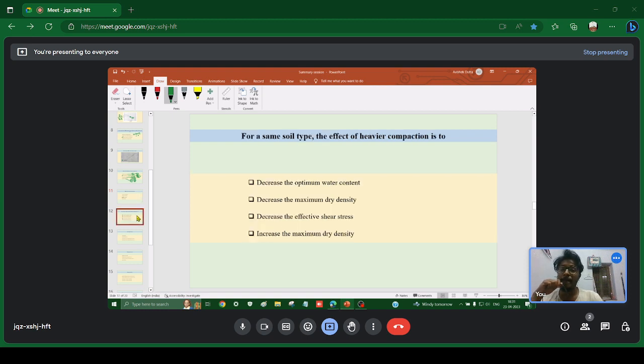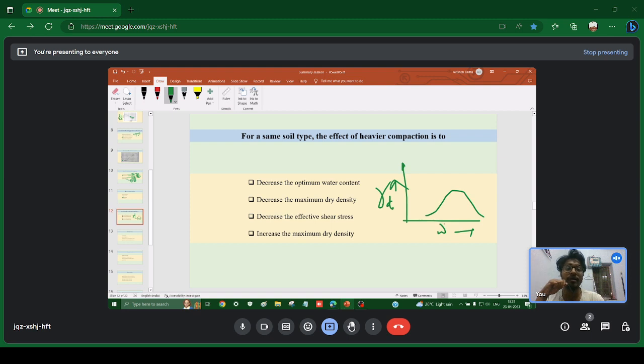Next question. For the same soil type, the effect of heavier compaction is true. Yes. So if we see optimum moisture content, that is W, and this is the dry density gamma D. For one type of compactive effort, we get this kind of curve.